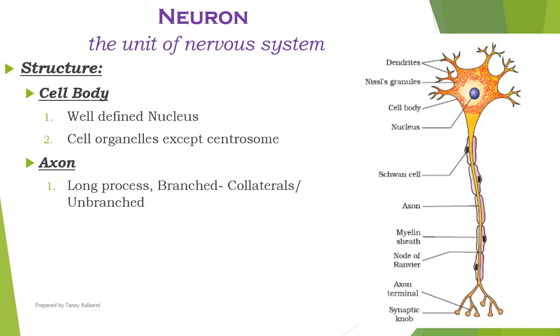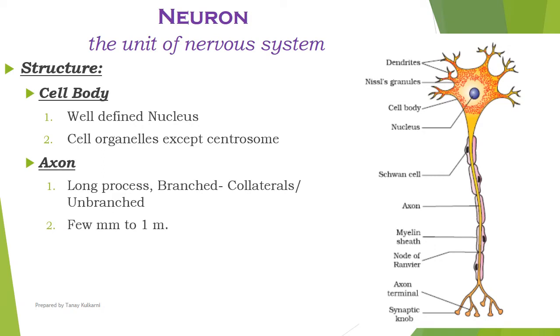Now the diagram in front of you on the screen has an unbranched axon. The main function of this axon is to carry the impulse from the cell body to the brain or spinal cord.